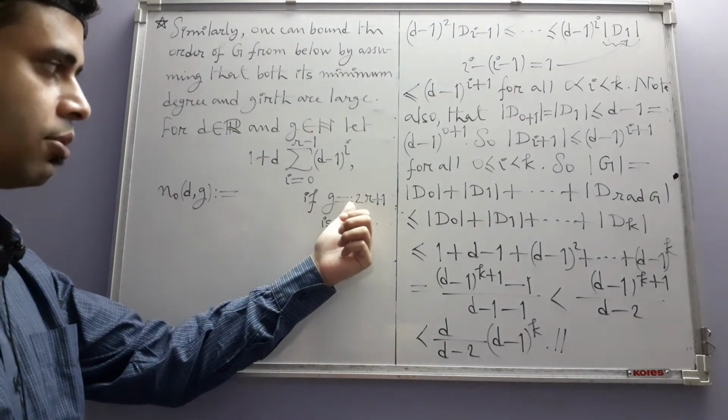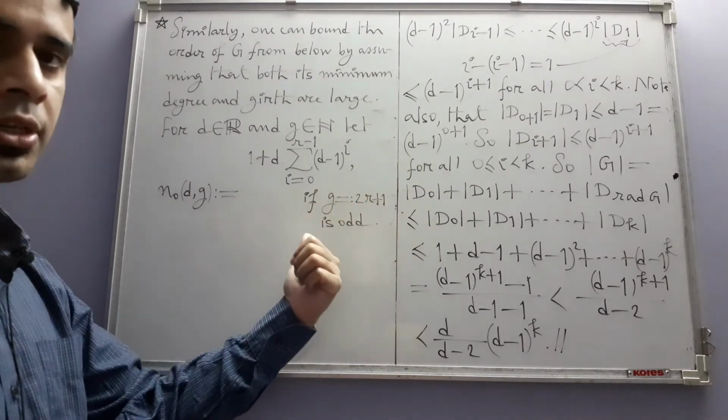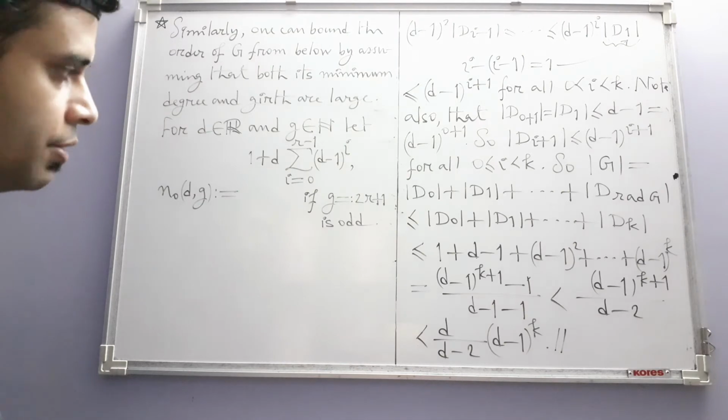So r has its definition in terms of g. r is actually g minus 1 divided by 2, and g is given.